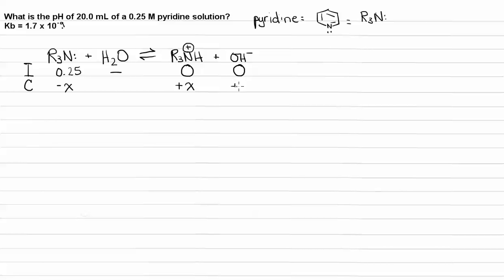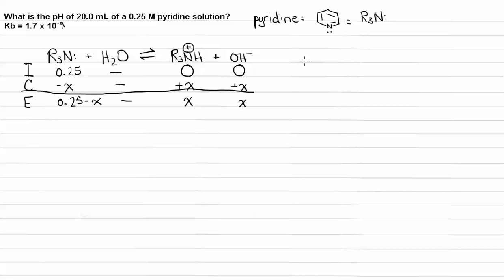And we're going to gain x here for hydroxide as well because the coefficient is 1. So that means that at equilibrium, we have a concentration of R3N of 0.25 minus x. We don't care about water. At equilibrium, we have x concentration of conjugate acid, R3NH, and we have x concentration of hydroxide.